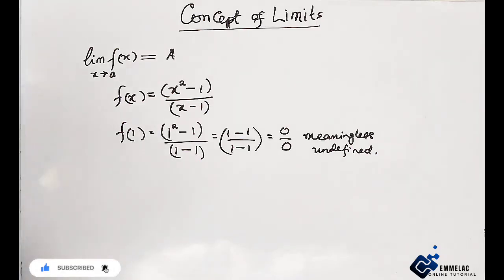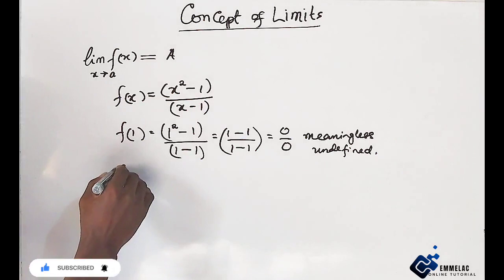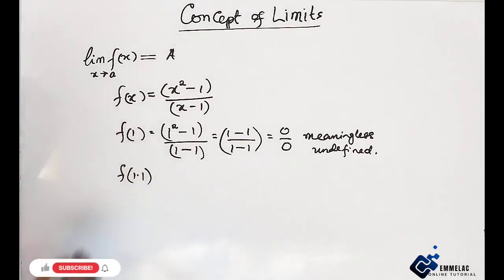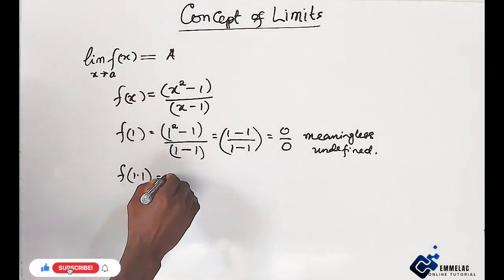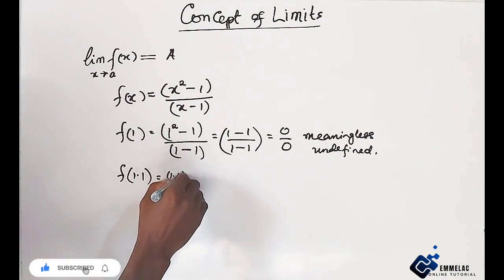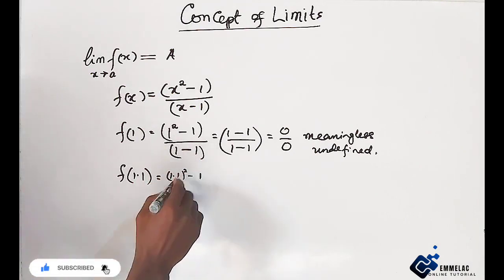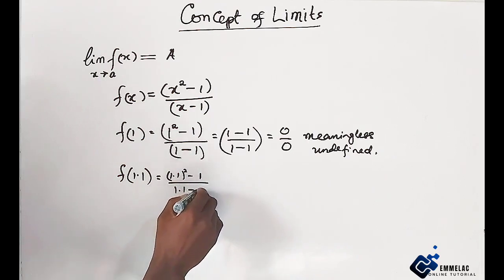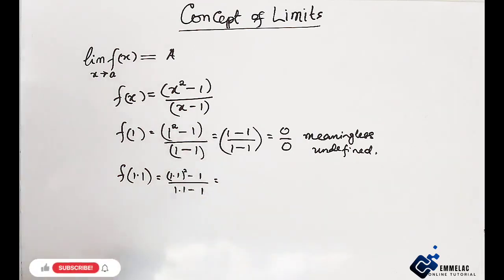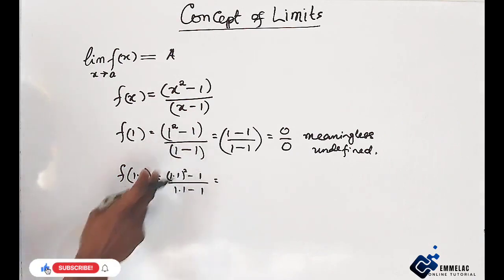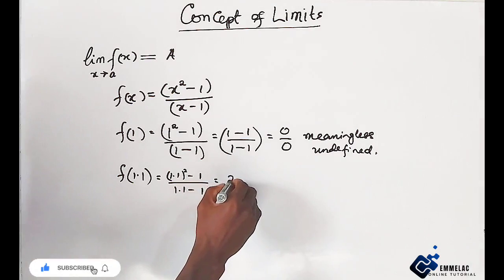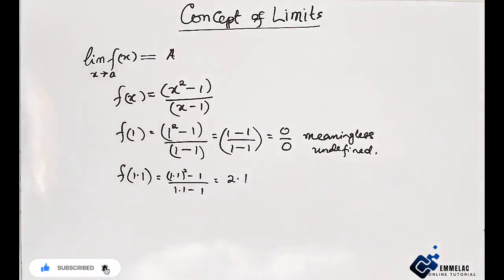Now let us say, for instance, that x is 1.1, right? Now when we plug in 1.1 raised to the power of 2 minus 1, all over 1.1 minus 1, right? If we solve this, we will have the answer to be 2.1.